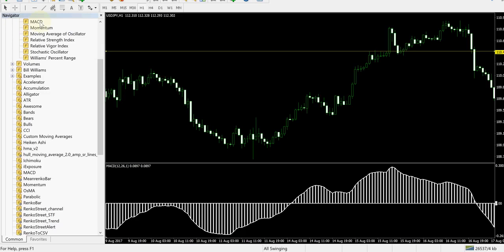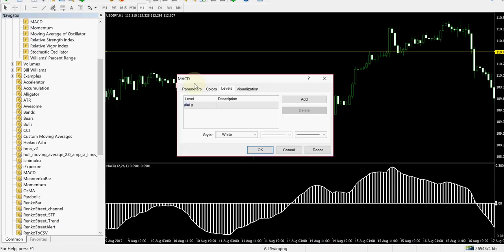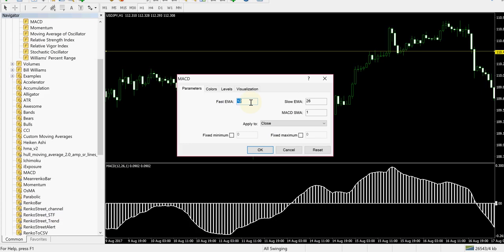Now we want to add a second MACD, but wait, you will not just drop it on the chart. You will not also just say attach to chart. No, you will drag it on top of the current MACD that we have here already, and then you put in its own parameters, which are 5, 15, 1.